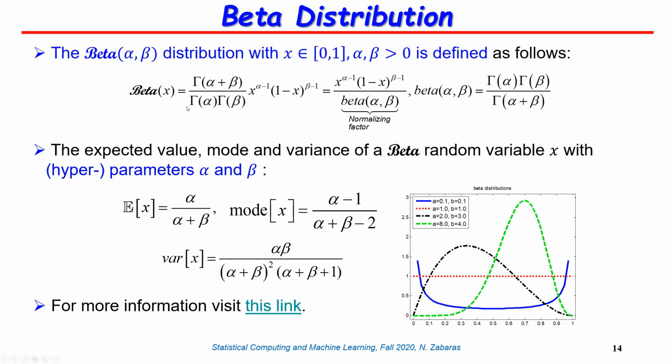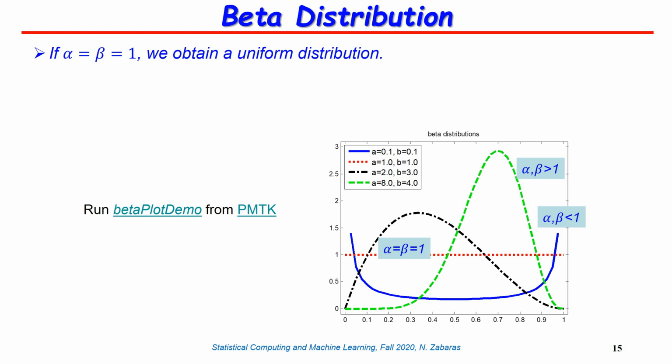Because effectively, if you take the integral of this from 0 to 1, it has to equal 1. This is what normalization means. So let me tell you a little bit about this plot, before I show you what the gamma function is.